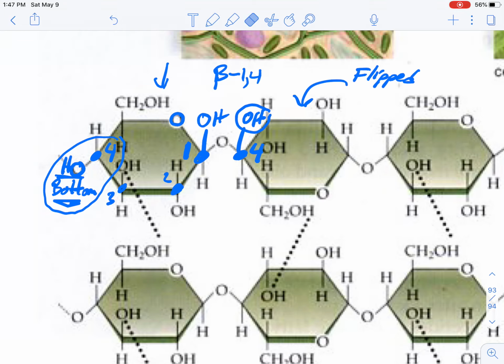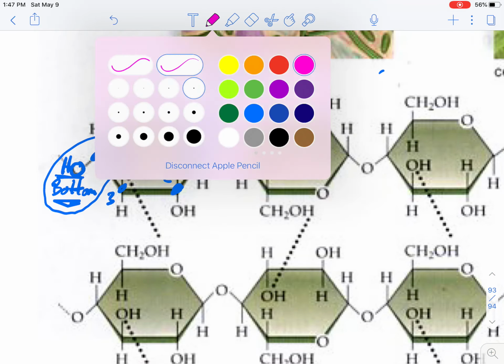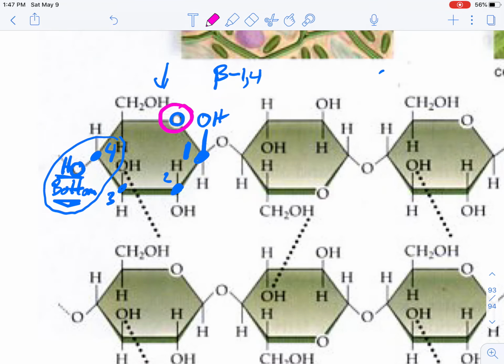This is observed by looking at other reference points. I'll do this in pink. Notice that the oxygen in the ring is found more to the back, according to the Haworth structure. However, if you look at the second glucose molecule, the oxygen in that ring is now facing the front.